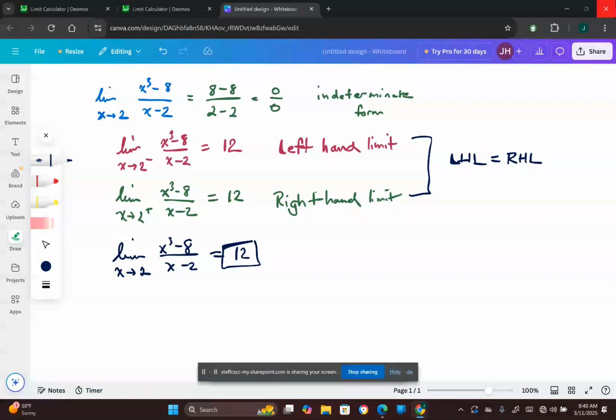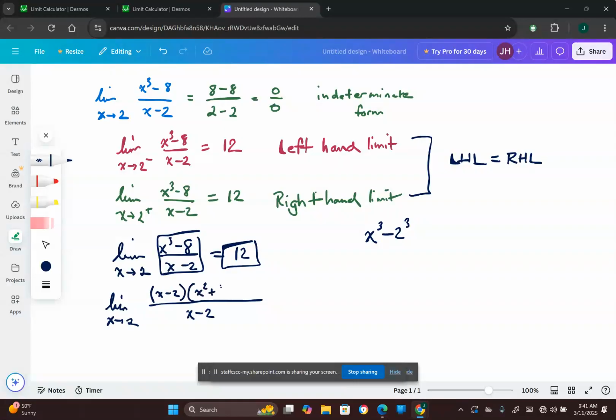Now the other thing I've got to be able to do is do this algebraically. So I'm going to take the limit as x approaches 2, and I'm going to take this function and factor it. This is called factoring and canceling. Now, the top is a difference of cubes. It's actually x to the third minus 2 to the third. And if you know your factorization methods, that factors into x minus 2 times x squared plus 2x plus 4.